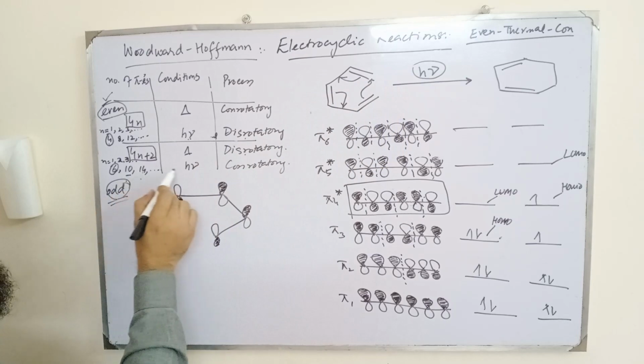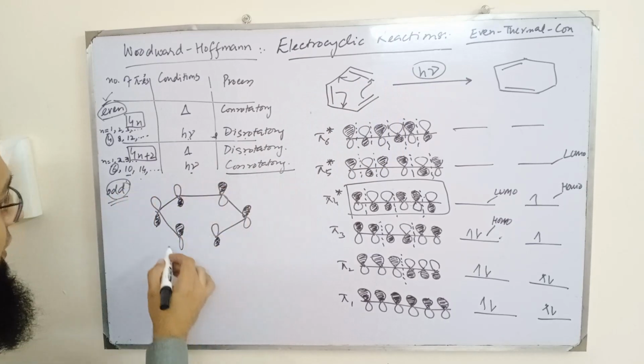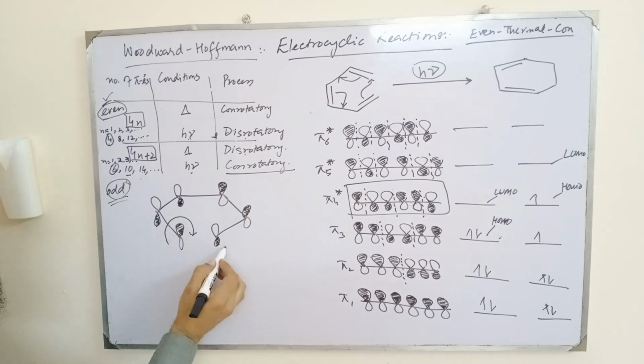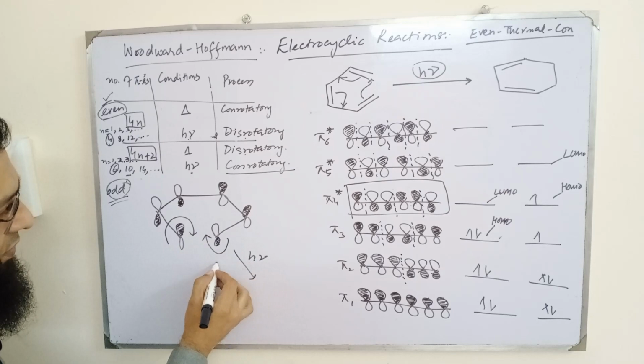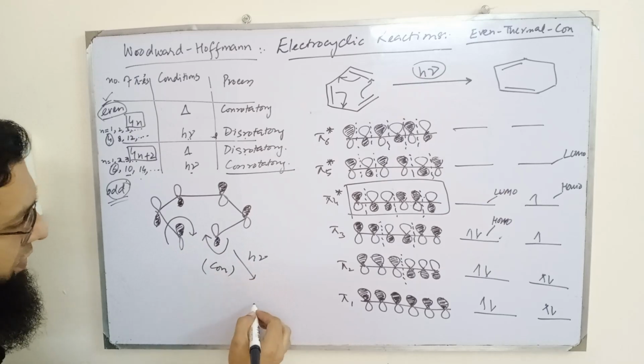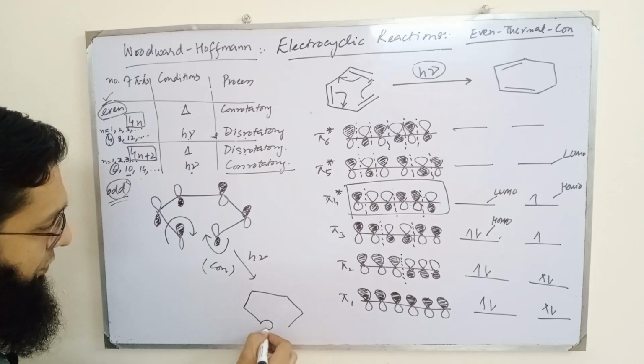Odd electron pushing arrows, photochemical conditions, and the process is conrotatory. So it would move here, this would move here, and under photochemical conditions and a conrotatory process, the sigma bond would be formed.